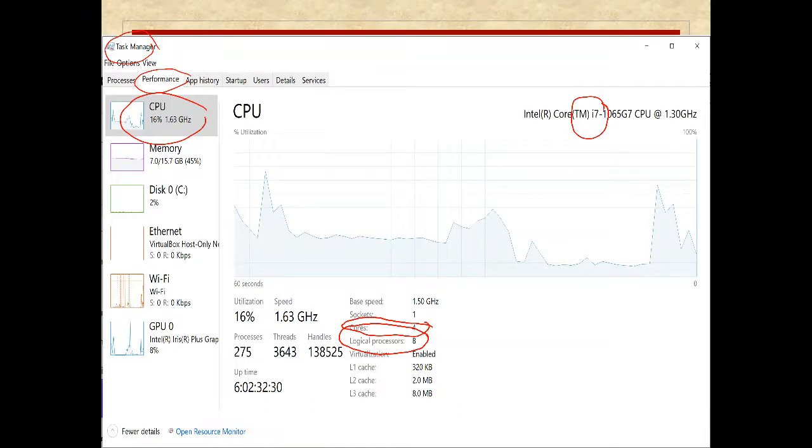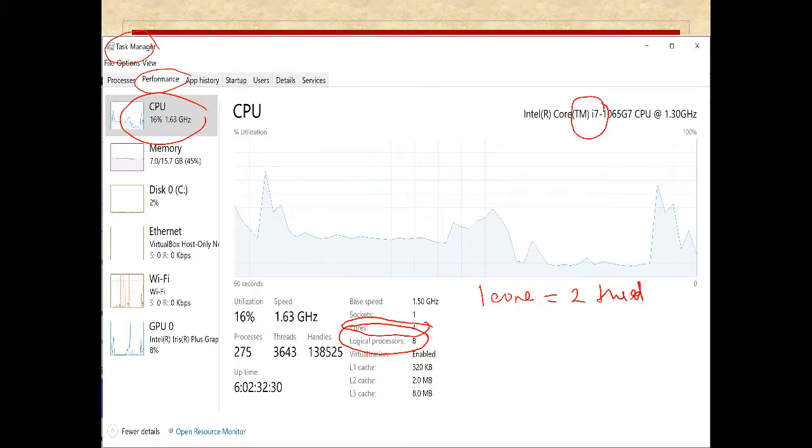In this example, you can see 8 logical processors with a 4-core CPU. So in this case, it means that one core will support 2 threads of simultaneous execution.